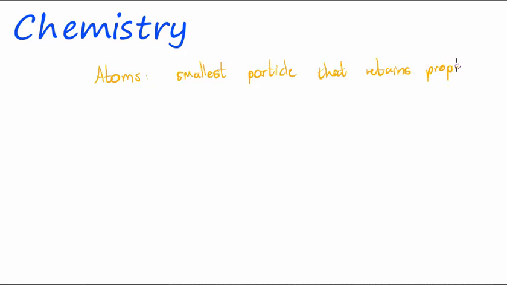You do get smaller particles than atoms, but an atom has the same properties as the element that it consists of. So for example, if the element can conduct electricity, the atom can conduct electricity. Do you understand? That doesn't necessarily mean the smaller particles can.